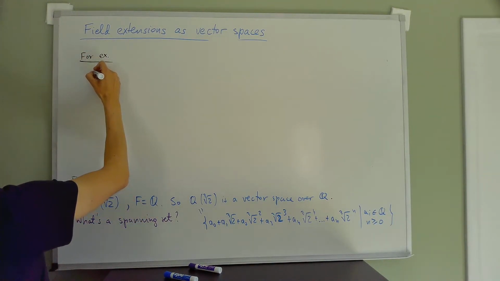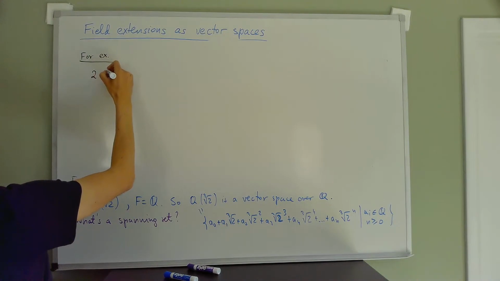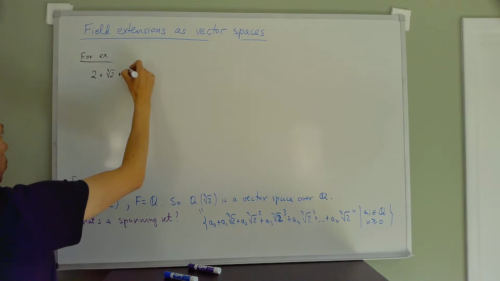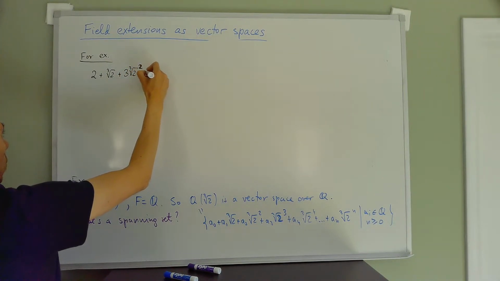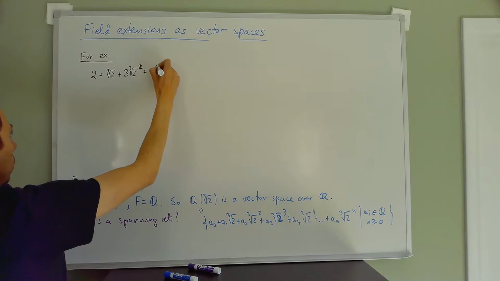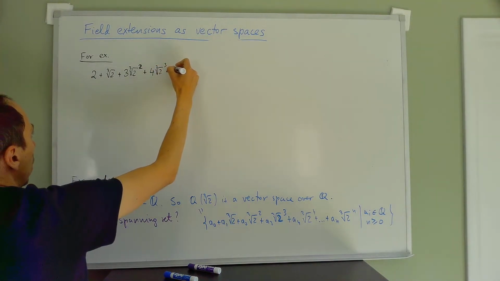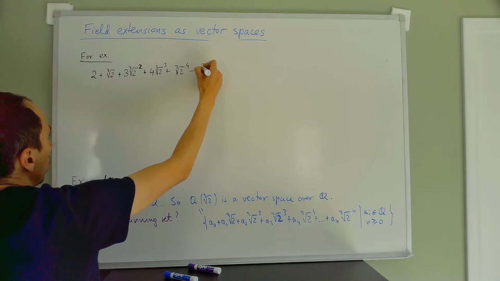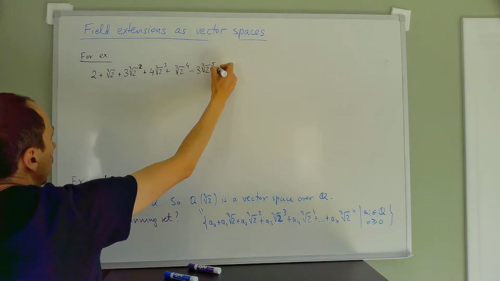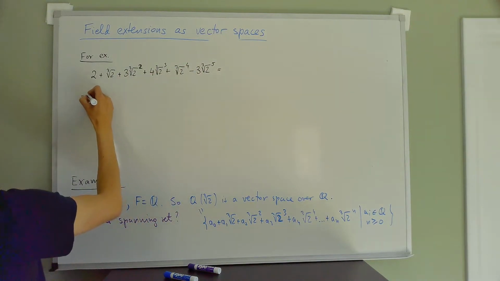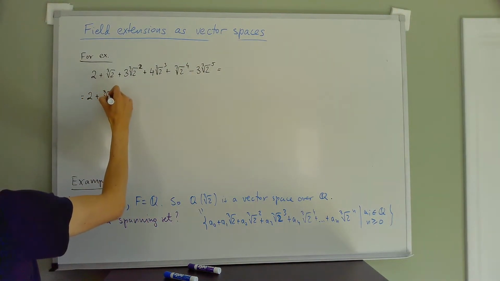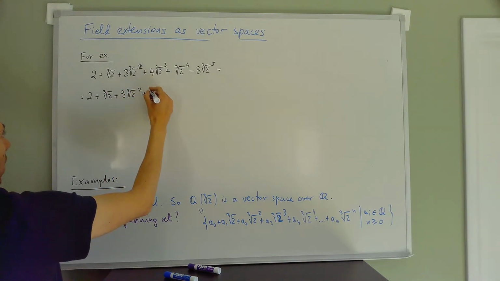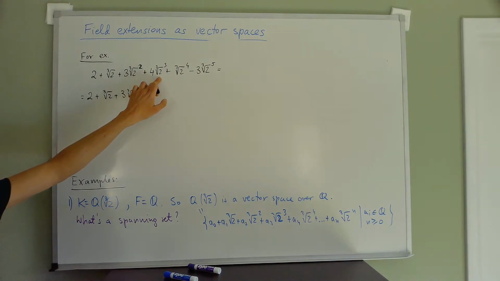For example, if I take the number 2 plus cube root of 2 plus 3 cube root of 2 squared plus 4 cube root of 2 cubed plus cube root of 2 to the 4th minus 3 cube root of 2 to the 5, I can write it as 2 plus cube root of 2 plus 3 cube root of 2 squared plus, now this is just 8, because cube root of 2 cubed is 2.